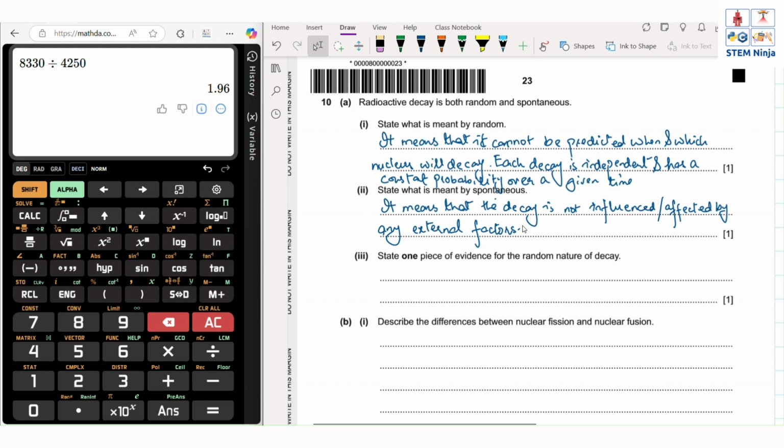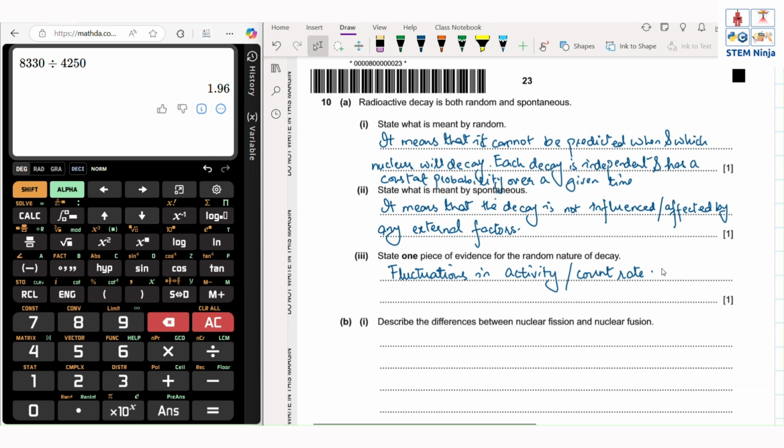State one piece of evidence for the random nature of the decay. Fluctuations in activity or count rate.